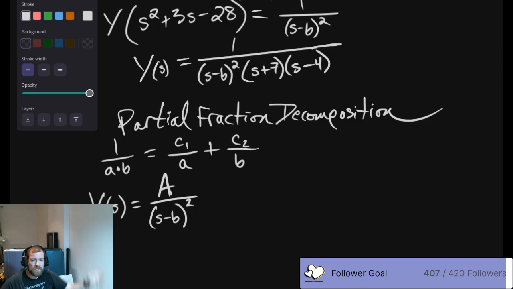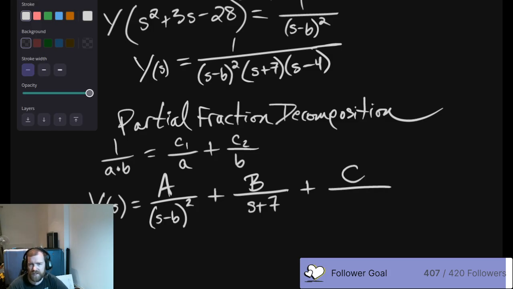Let it be a constant. Plus b over s plus 7 plus c over s minus 4. Now there is a problem.